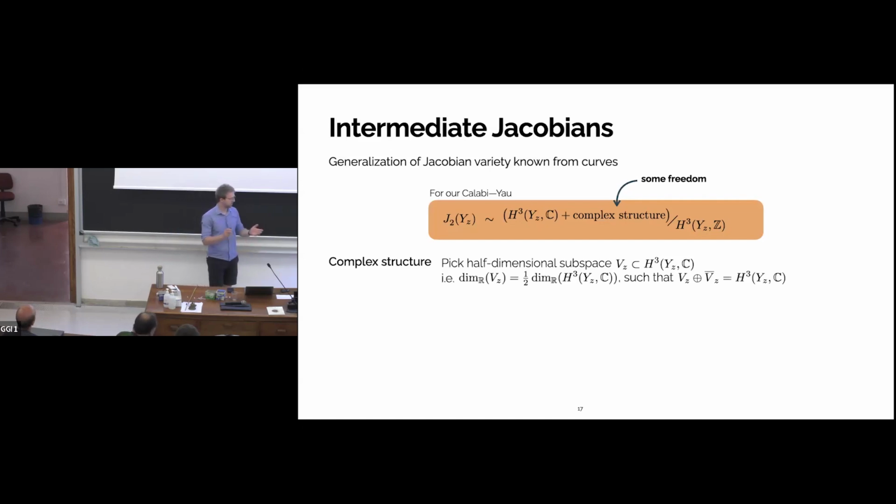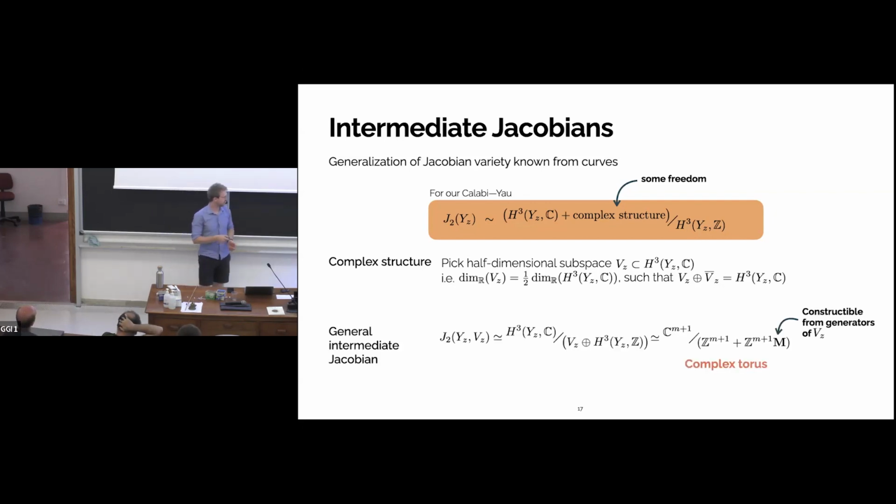And what I mean by complex structure is that you have to pick some half-dimensional subspace V of H3 over C. So the dimension of V is just one half of the dimension of the entire three-dimensional cohomology, such that V and the complex conjugate of V generate the entire space again. So you just have to figure out what the complex conjugation does to you.